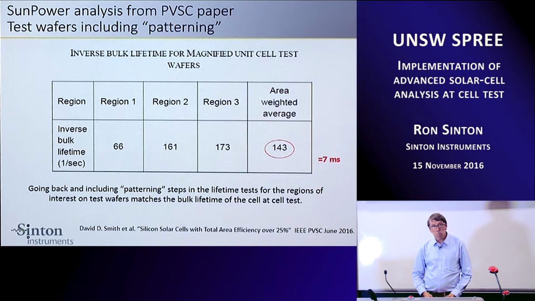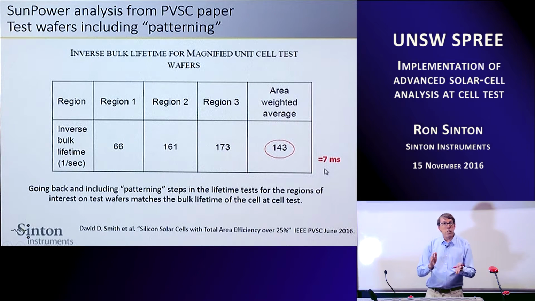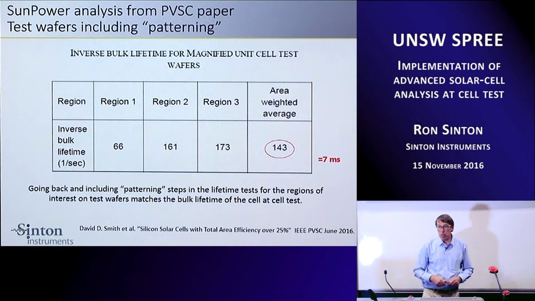When they did the patterning, in addition to just having the large areas, they came up with an answer that's consistent with the 7 milliseconds they are measuring at the cell level. So by comparing the lifetime right before it's a solar cell and then right after, they could assess how much they're losing in the particular process steps that they're doing.